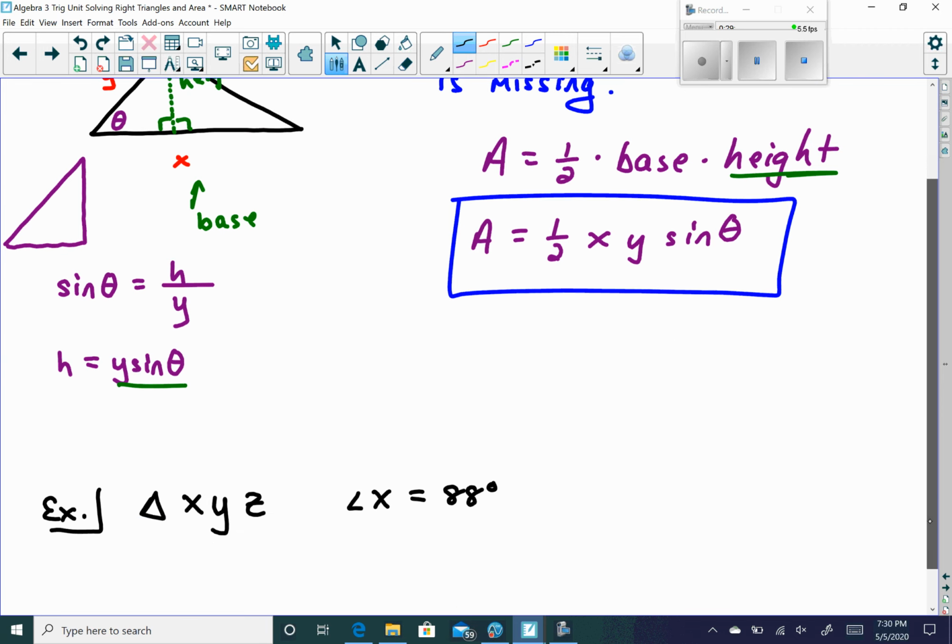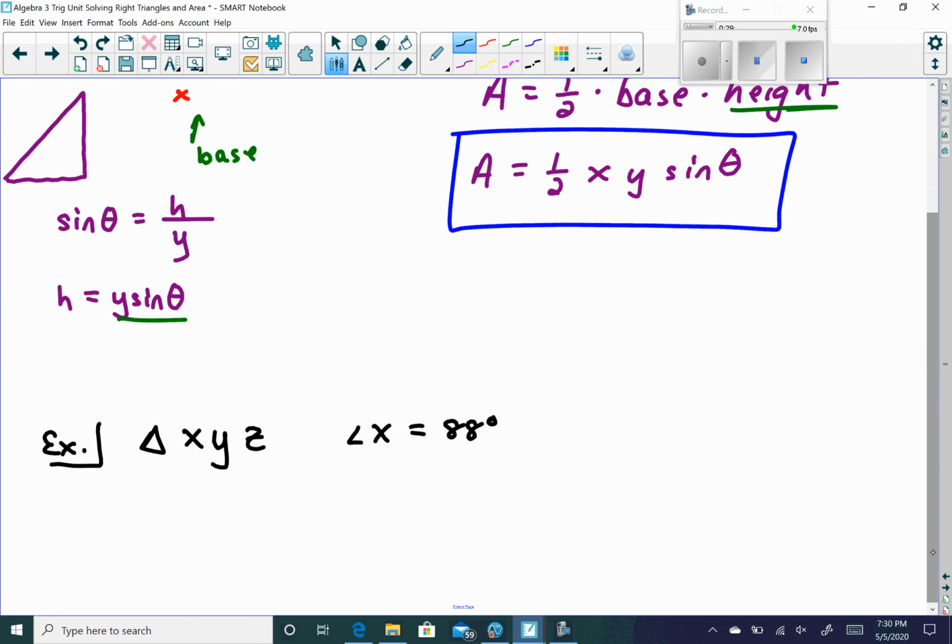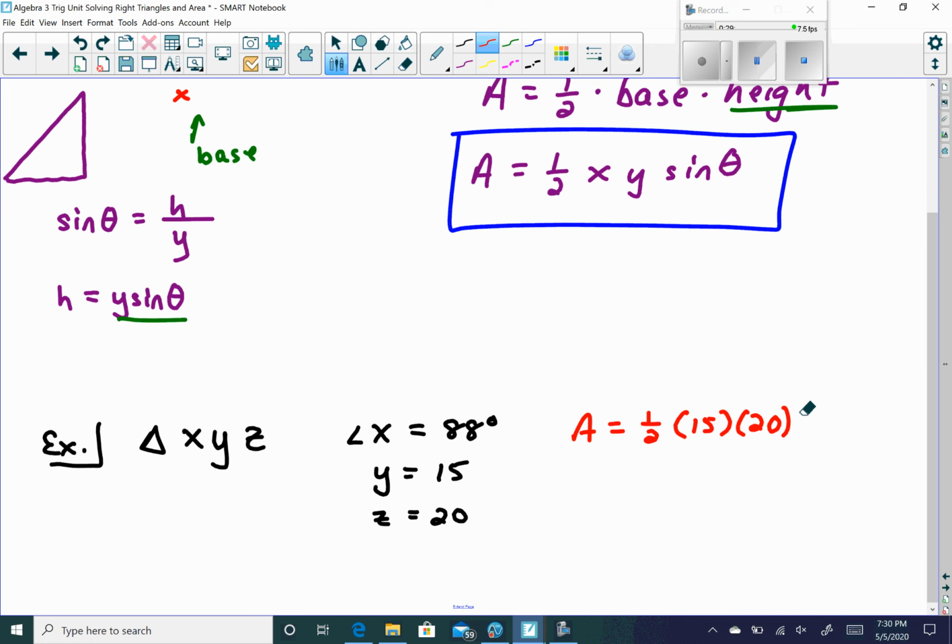So let's say y is 15 centimeters and z is going to be 20 centimeters. So all we have to do is use this formula here. So area is just going to be 1/2 my 15 times my 20, and then times sine of 88 degrees. So I don't even need a picture. All I need, and what I'm going to give you, are the three values that we need. So all we have to do is type this in and we'll get our area of a triangle.